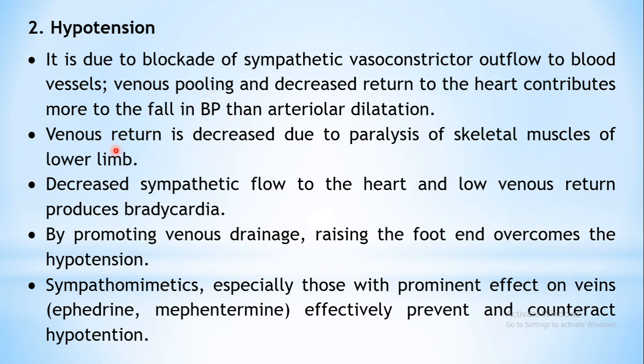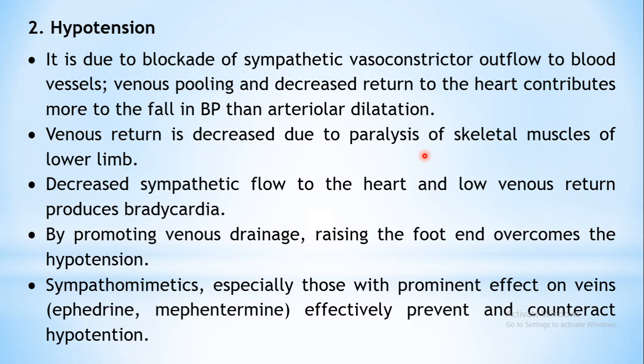Now one more reason why venous return is reducing is, first of all, the vasoconstrictor action is abolished. Secondly, the skeletal muscle pump. Skeletal muscles are paralyzed, so the force which your skeletal muscles in your limbs apply on your blood vessels is reduced.